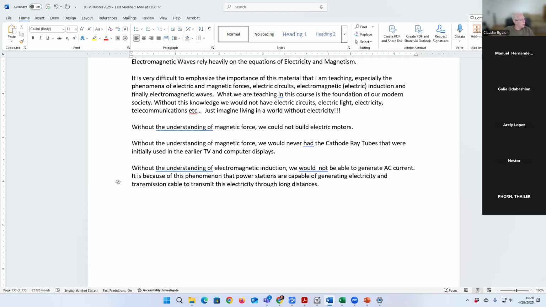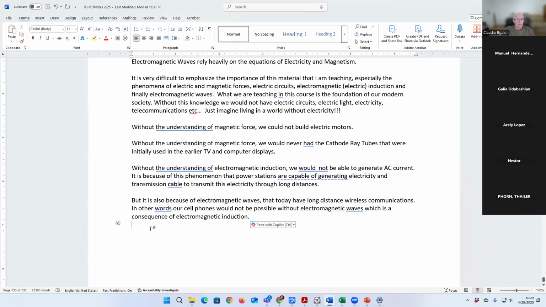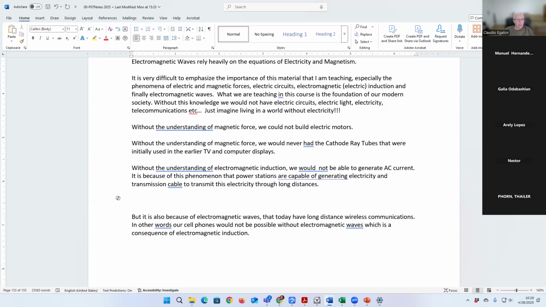And one more step before we get into electromagnetic waves: it is also because of electromagnetic induction that we can create electromagnetic waves.